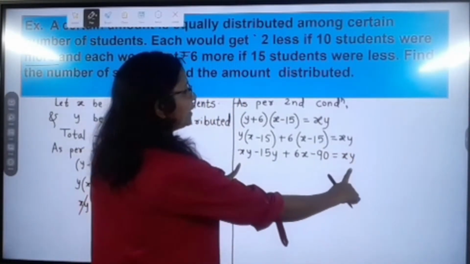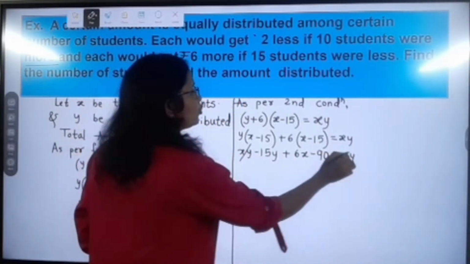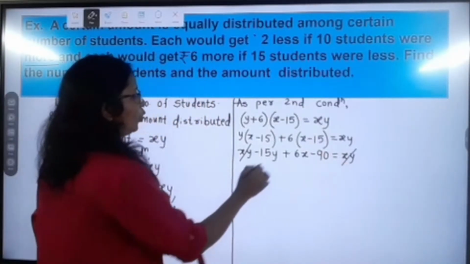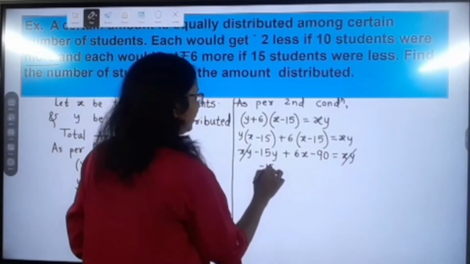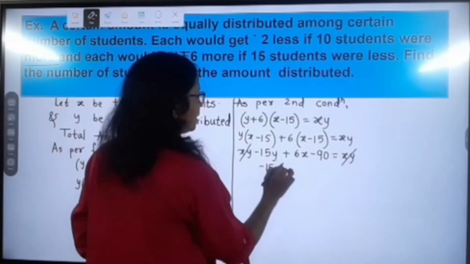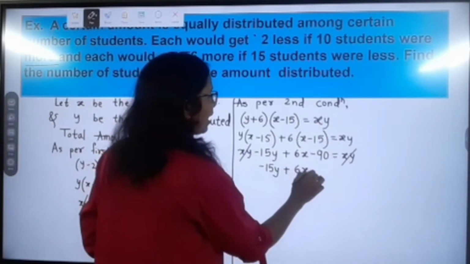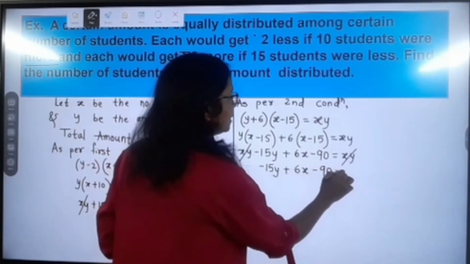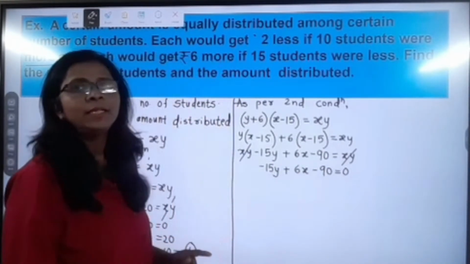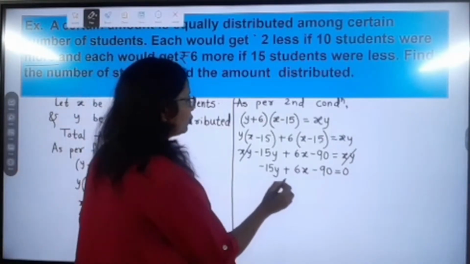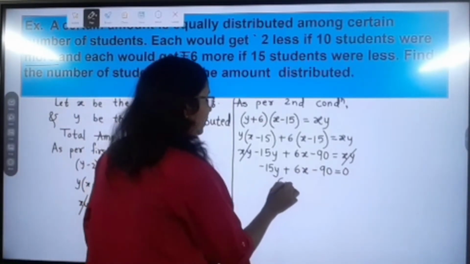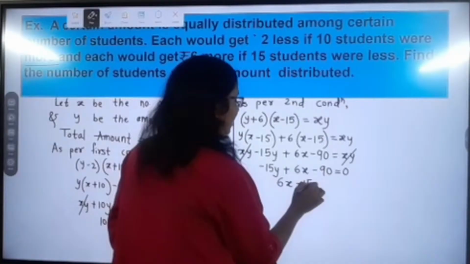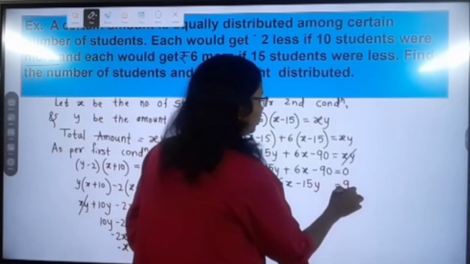Both the sides having xy, they get cancelled out. So minus 15y plus 6x minus 90 is equal to 0, the remaining terms. Then we simplify: 6x minus 15y is equal to 90.